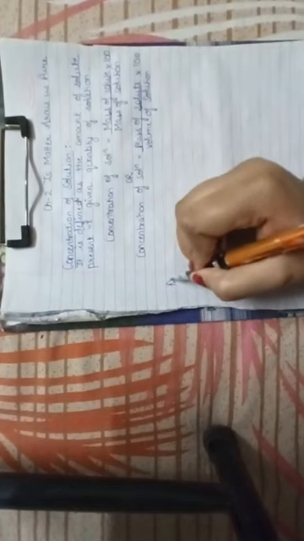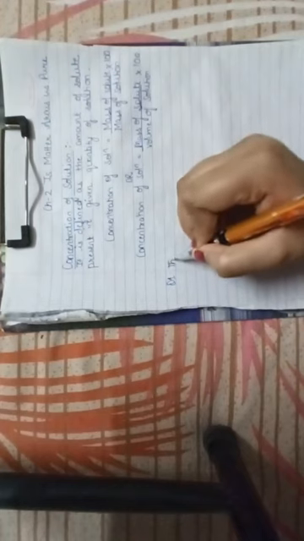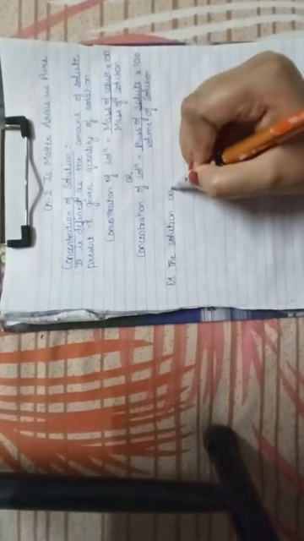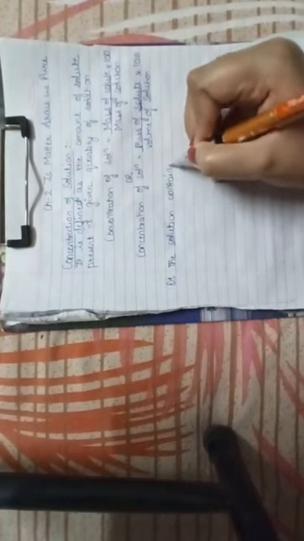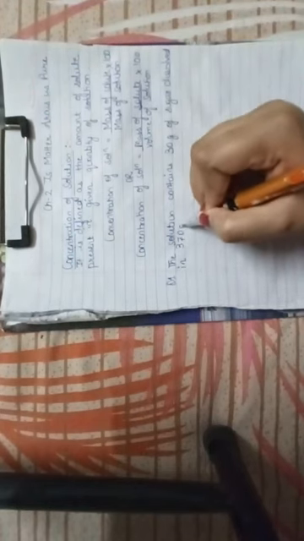So here is the first question, which says that the solution contains 30 grams of sugar dissolved in 370 grams of water.